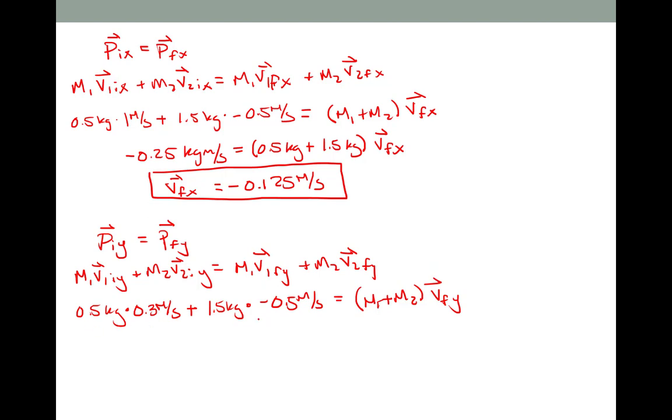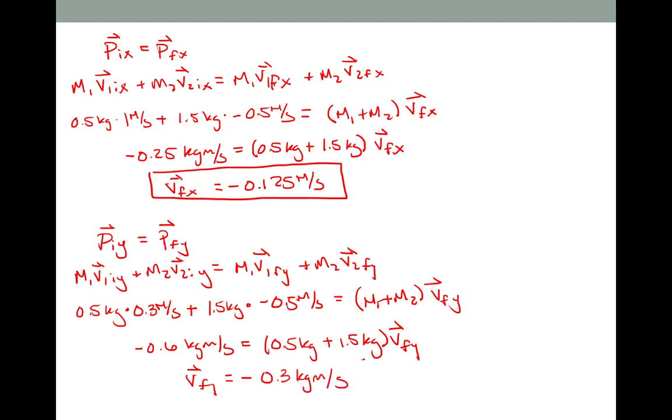Multiplying this all together gives negative 0.6 kilogram meters per second. That equals 0.5 kilograms plus 1.5 kilograms times v final y. And when you add and then divide, you get v final y equals negative 0.3 meters per second.